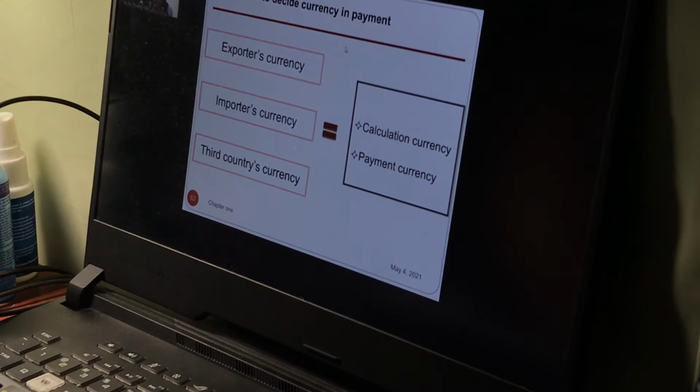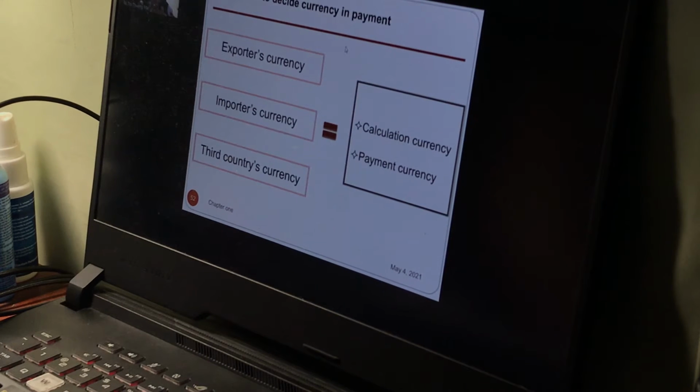The second question is, what are the factors that determine the currency term? Why don't you use Vietnam đồng? Why don't you use Korean won? Why don't you use CNY, I mean the Chinese yuan? Why do we often use US dollars? We often use HKD, Hong Kong dollars.